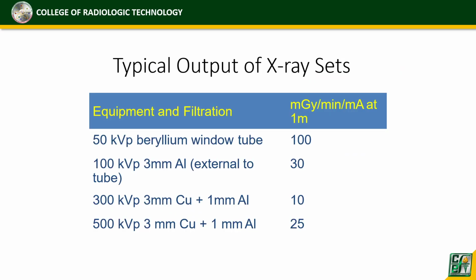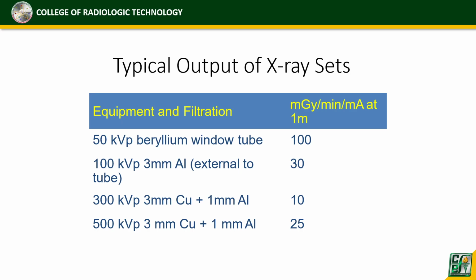Okay, so typical output of X-ray sets. Ito yung mga ginagamit na machine and their filtration. So 50 kVp na X-ray machine with a beryllium window tube, kaya kanyang output is 100 milligray per minute per mA at 1 minute.